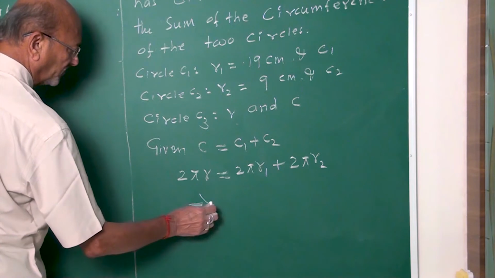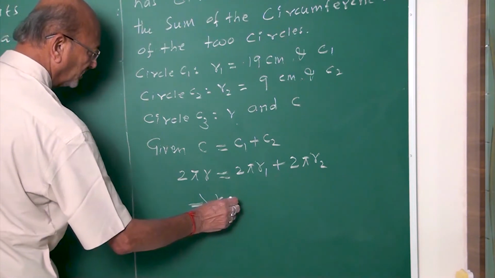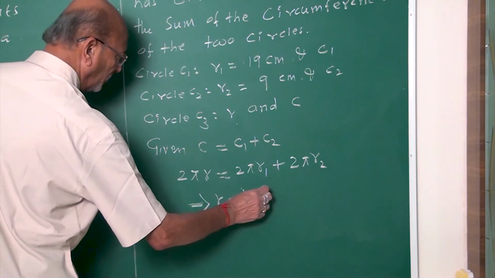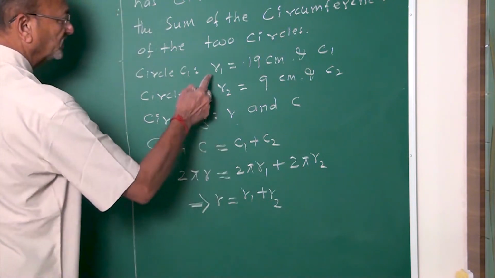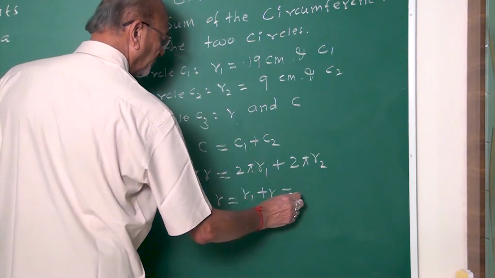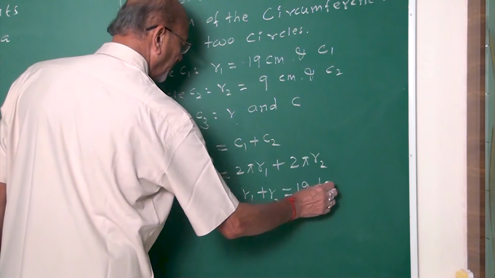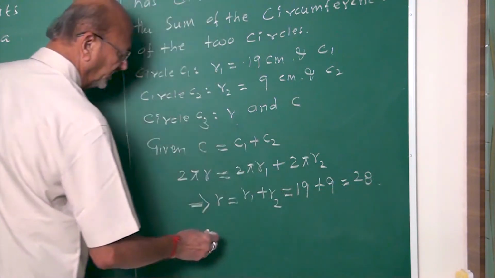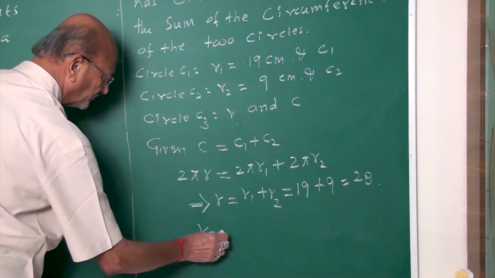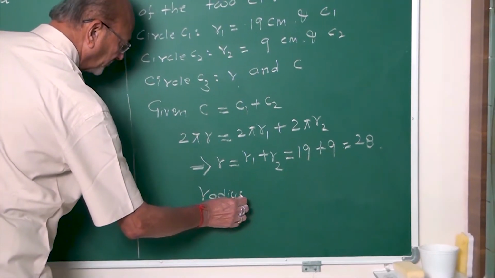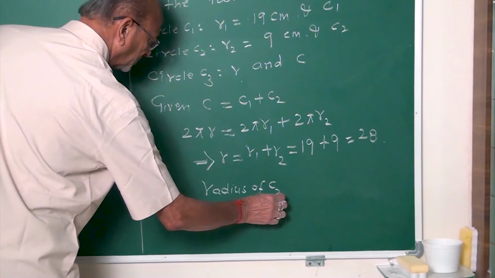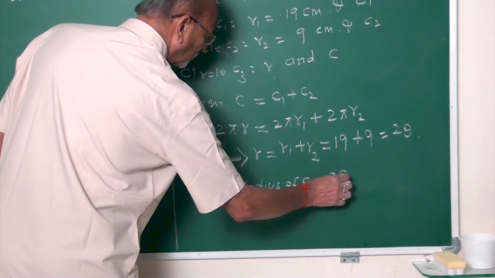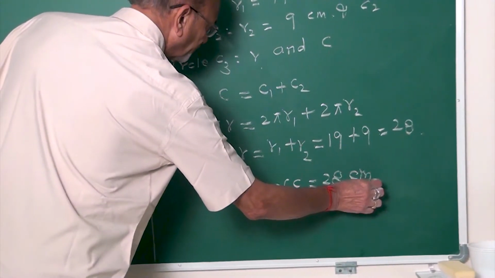This gives the radius of the third circle as R1 plus R2. Tell, what is R1? 19 centimeter plus 9 centimeter equal to what? 28. The radius of the third circle C3 is 28 centimeter.